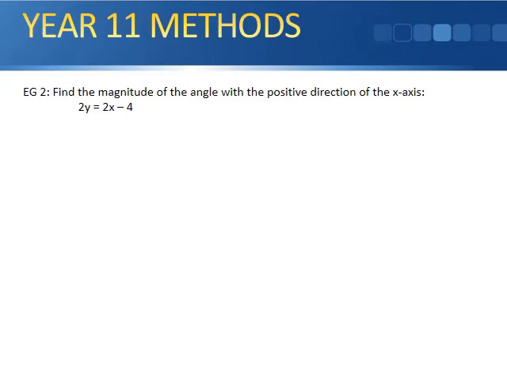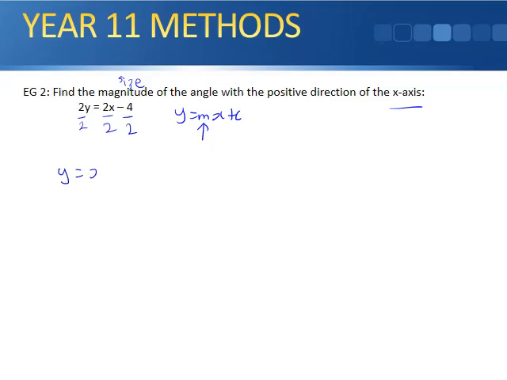Example 2 says find the magnitude. Magnitude means size of the angle, with the positive direction of the x-axis. Now we need to get the gradient from here, so of course I'm going to divide everything by 2 to get it in the form y equals mx plus c, so I can read my gradient straight away.